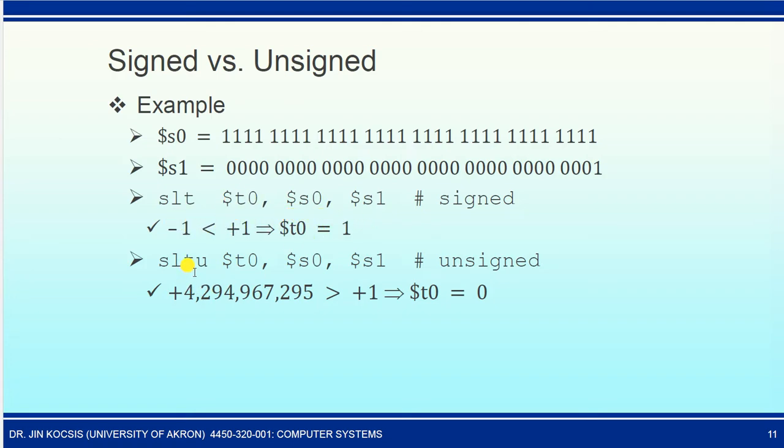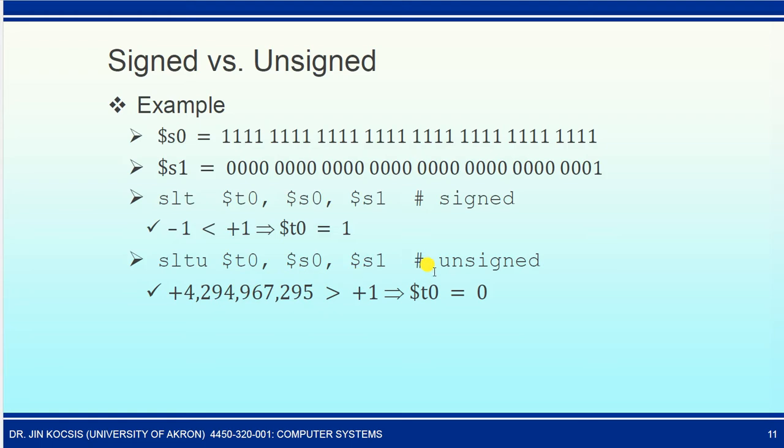Similarly, if I use the operation set on less than unsigned, basically I assume S0 and S1 are both unsigned numbers, then all of those bits will only represent value bits instead of a sign bit. Then S0 will be a positive number which is much larger than S1. Because of that, T0 will be assigned 0 instead of 1.